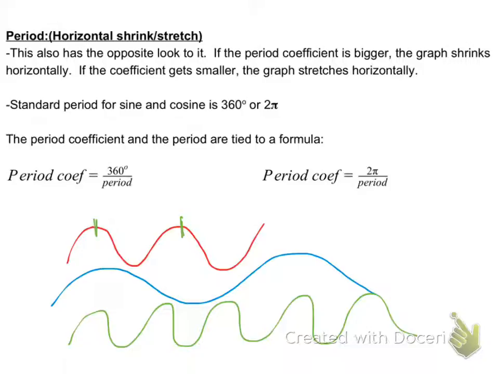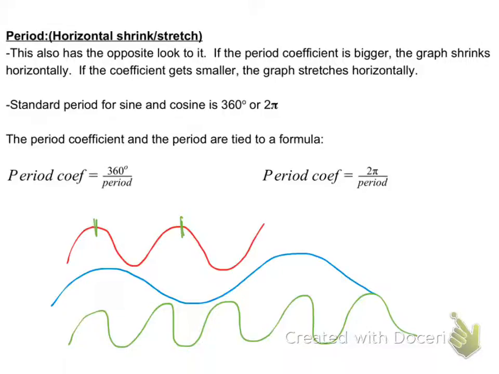Same thing over here if I'm talking about radians, because obviously sometimes we're in radians, sometimes we're in degrees. So I just divide it into 2 pi. So again, if it's from here to here is 2 pi, then it's 2 pi divided by 2 pi, which is 1. If it's pi, 2 pi divided by pi is 2.